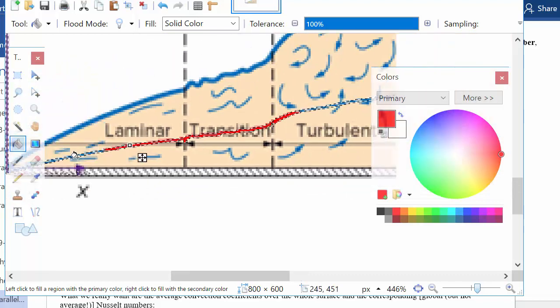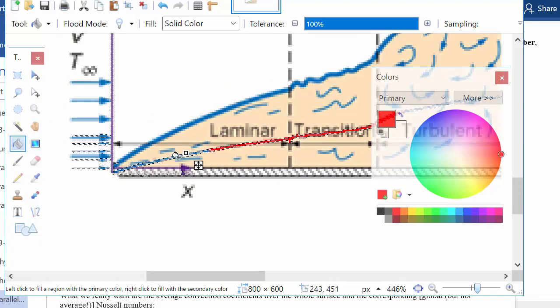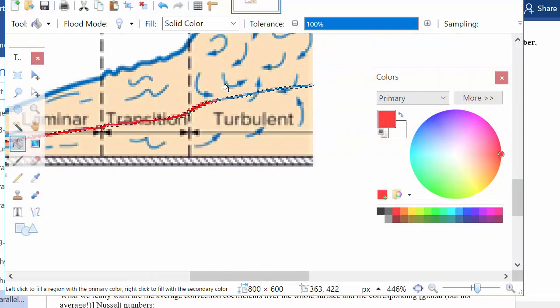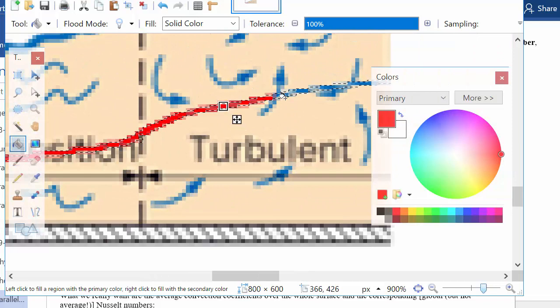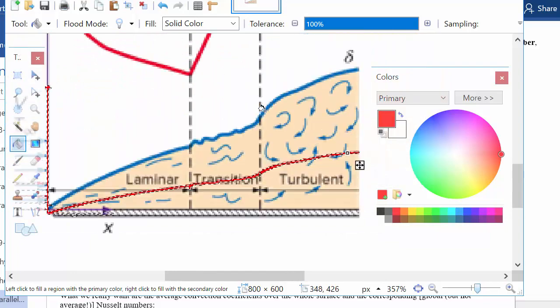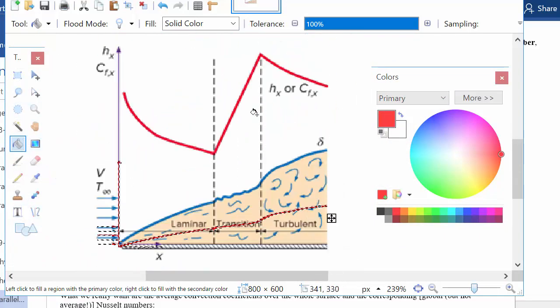Change around the thickness of that tolerance to paint in our boundary layer there. Nope. Okay. More or less all nice and thermally. So there we go. Thermal boundary layer drawn on alongside the momentum boundary layer.